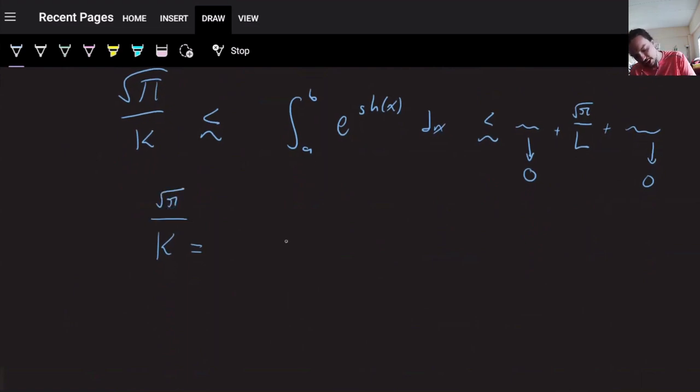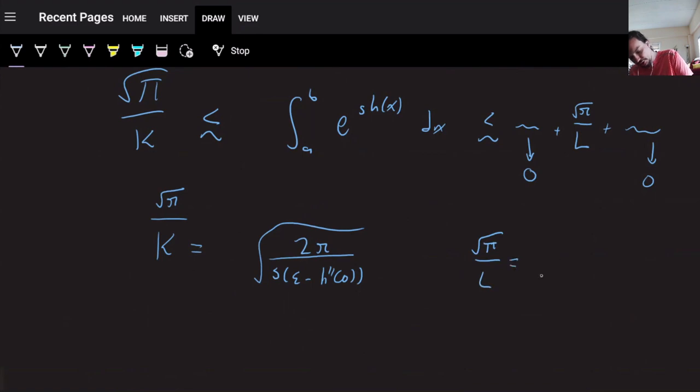So square root of pi over k is square root of pi times square root of 2 over square root of s times epsilon minus h double prime 0. Okay, which is square root of 2 pi over, let's write it all together, that, and then square root of pi over L was square root of 2 pi over, now we have s, and we have minus epsilon minus h double prime at 0.